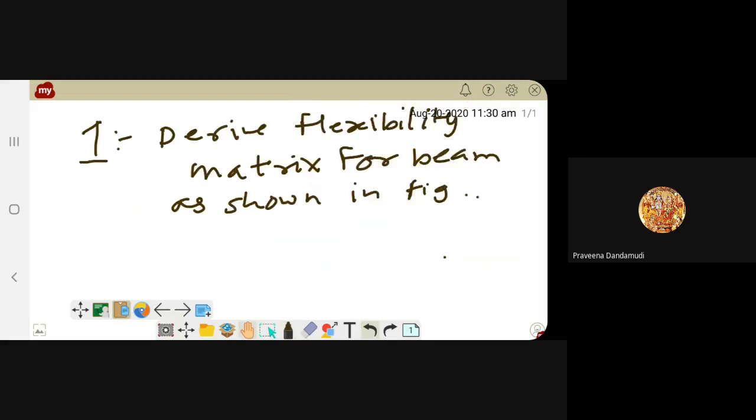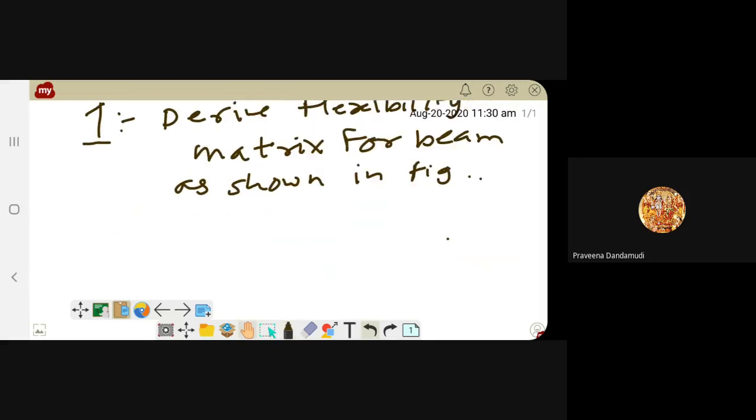Okay, you just take this down as the following problem for finding out the flexibility coefficient.